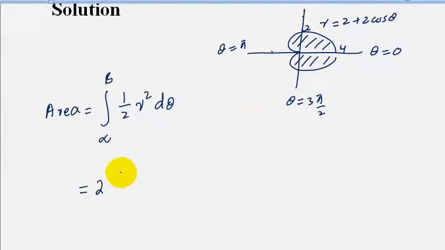So in this case, our theta varies from 0 to pi, 1 by 2, r is equal to 2 plus 2 cos of theta. So r square means 2 plus 2 cos of theta whole square d theta.